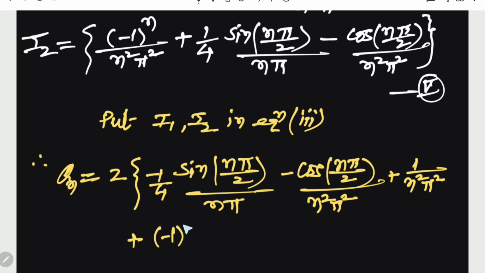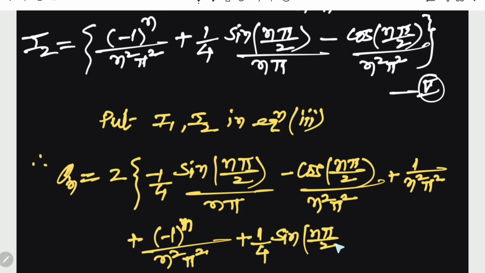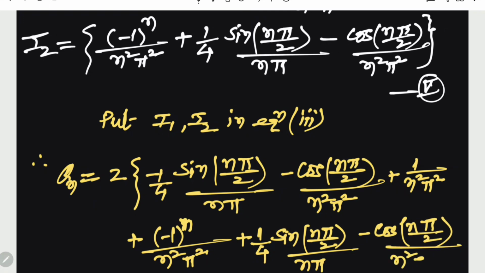As minus 1 raised to n divided by n square pi square, plus 1 by 4 sine of n pi by 2 divided by n pi, and minus cos n pi by 2 divided by n square pi square, bracket close.